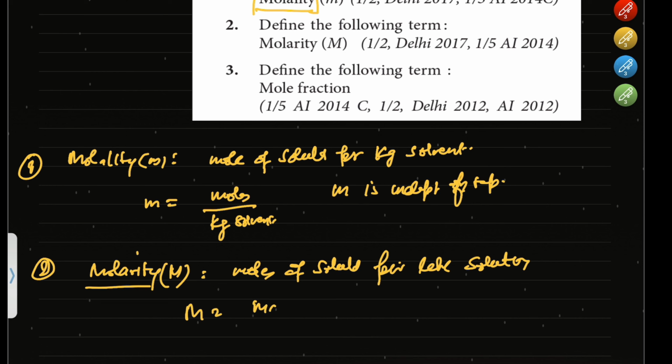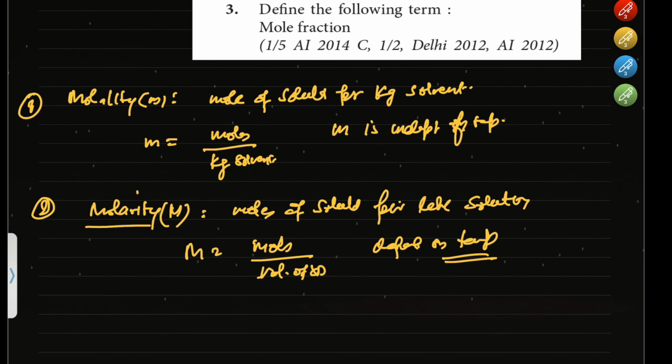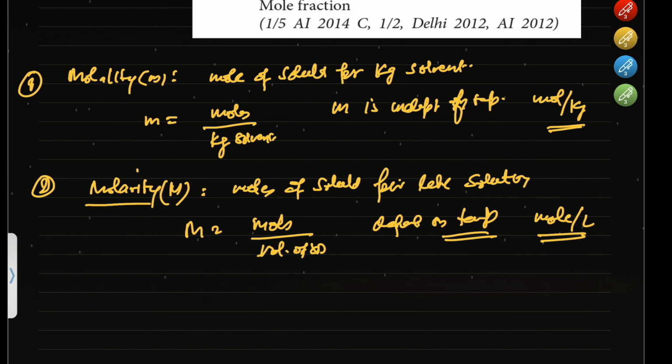Capital M is equal to moles over volume of solution. It depends on temperature. We can also write the unit; here the unit is mole per liter. This is enough.